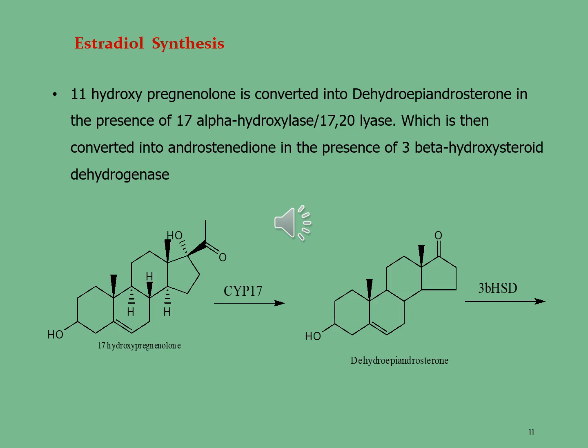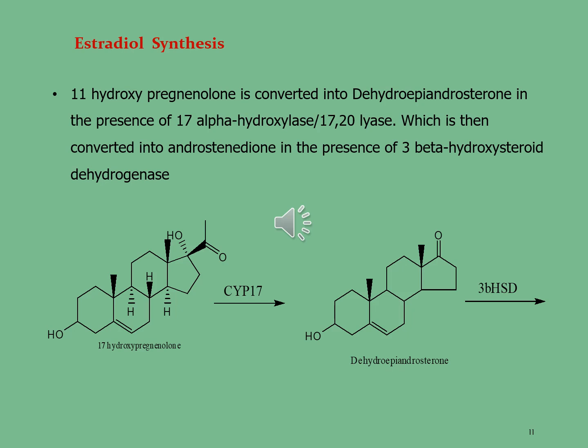This molecule is converted into dehydroepiandrosterone, in which the acetyl group and the hydroxyl group, which are present at carbon 17 position in the previous molecule, are converted into a carbonyl group.